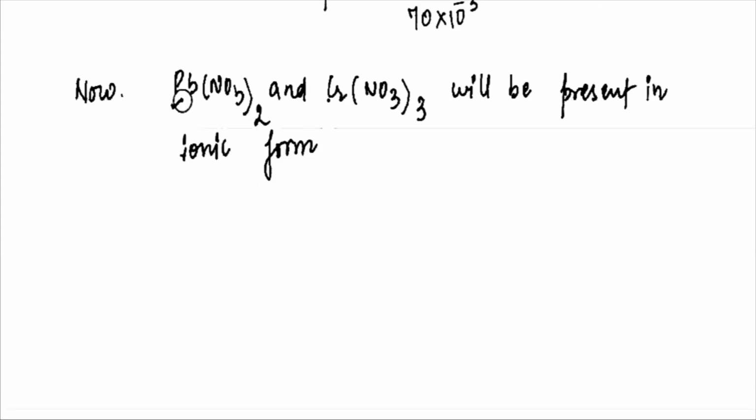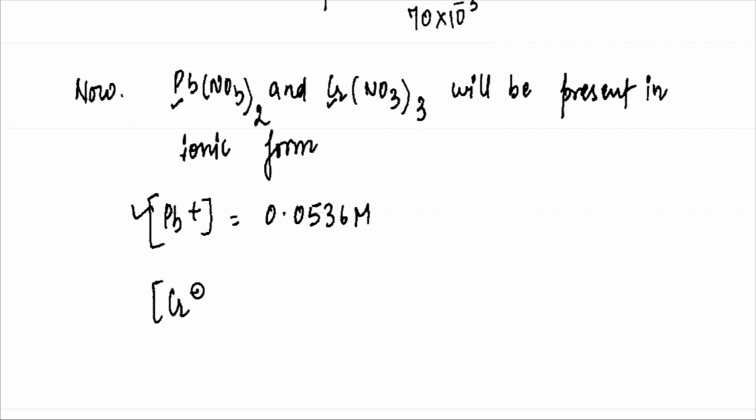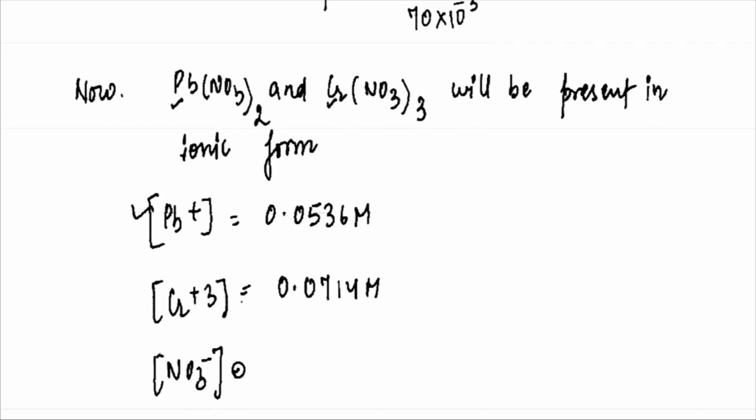We have lead ion, we have chromium ion, and we have nitrate ion. So the lead ion will be present at 0.0536 molar, right? The concentration will be this much. And for the chromium ion, the concentration present in the solution will be 0.0714 molar.